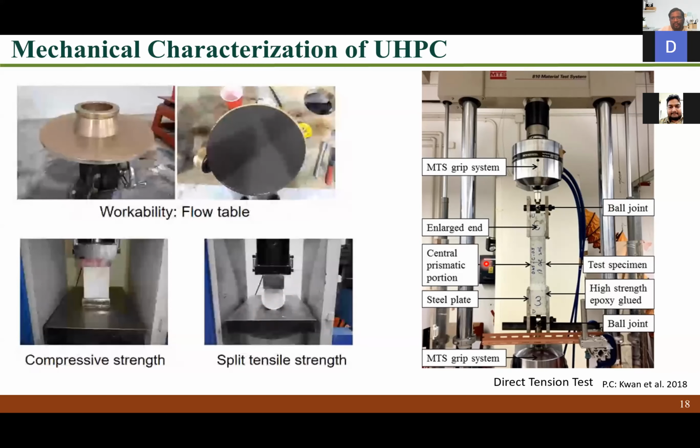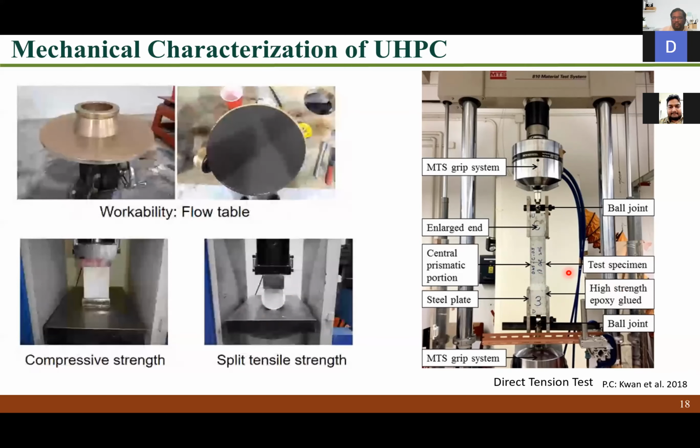For research purposes, people have also tried the direct tension test. For such high strength concrete under tension, it is a very difficult test to perform. We need a very good servo control system to control the cracking, and a very stiff system.